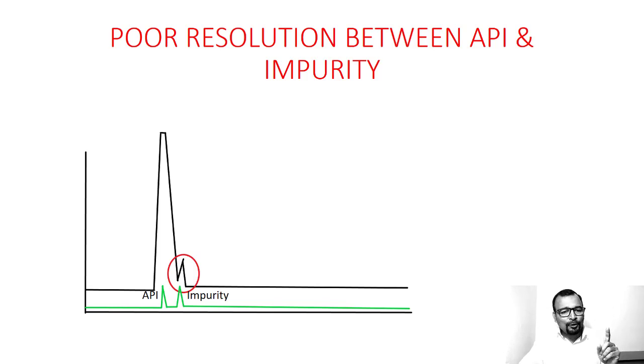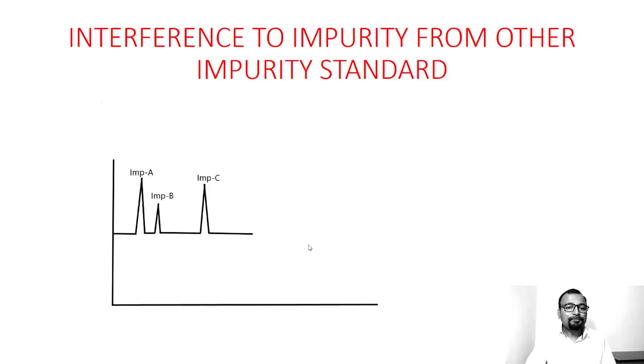Okay, so you can understand the impact of your API onto the integration of your impurity peak, so that you can relate the situation with real life, which is going to be a high concentration of API in the sample preparation. I hope you understand the reason behind performing the linearity separately for such kind of situation.